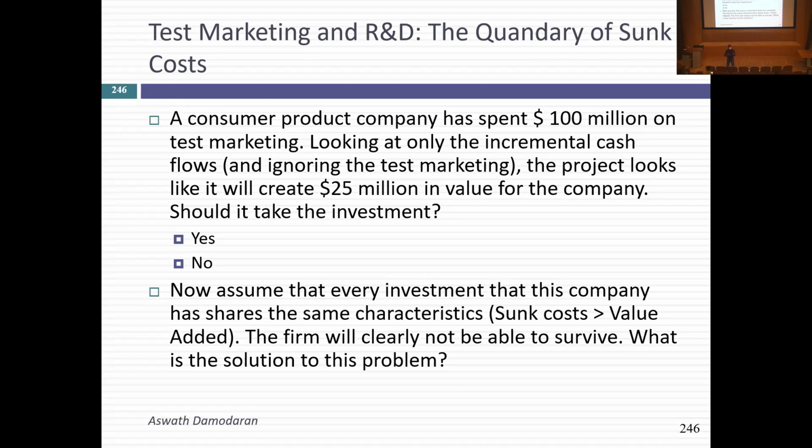A lot of companies spend money on R&D, and after they spend money on R&D, they say, should we continue with this drug or continue with this project? And by the time you get to that point, the money has already been spent. Pharmaceutical companies learned this the hard way in the last 20 years, because in the 1980s and 90s, what pharmaceutical companies did was cost plus, which is if you spend money on R&D, because of the pricing power, they could just pass it through and get the money back.